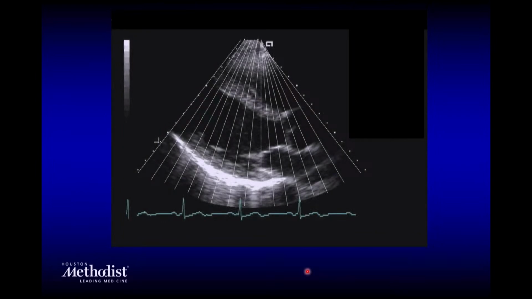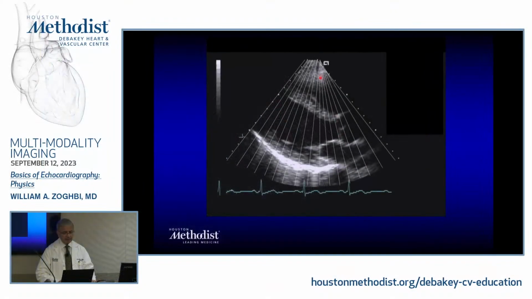So if I stop it, behind the scenes, what you're not seeing is the way I'm going to construct this image. This is one scan line. These are called scan lines, and they are steered electronically. So one scan line here, another scan line, another scan line. You can have 160 of them or more.